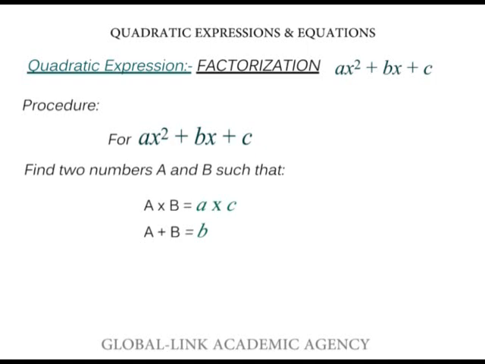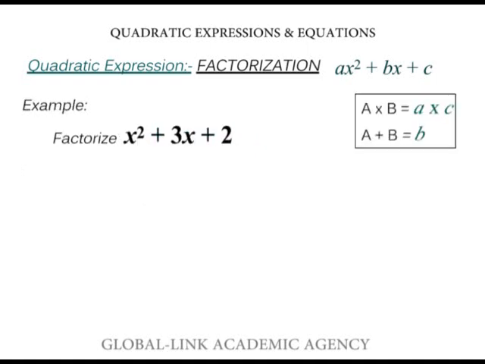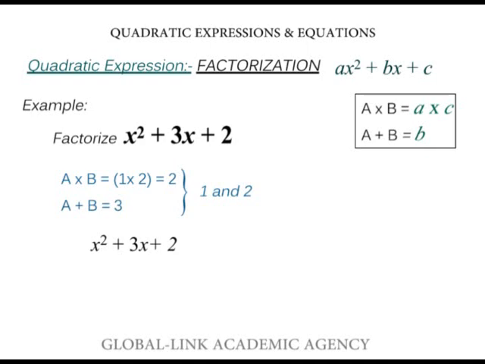For example, x² + 3x + 2. Find p and q such that p times q is equal to 1 times 2, and p + q is equal to 3, and those numbers are 1 and 2. Replace 3x in the expression with x and 2x, that is x² + x + 2x + 2.